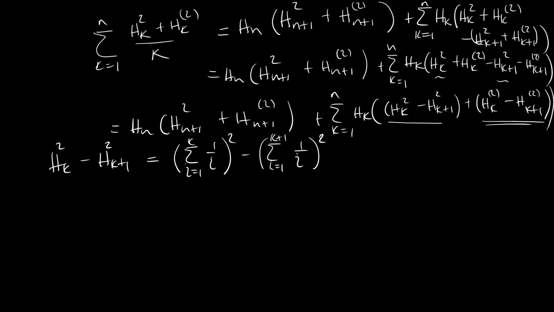So by using the difference of two squares, if you have a squared minus b squared, that's the same as (a minus b)(a plus b).